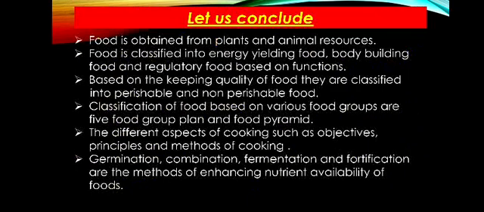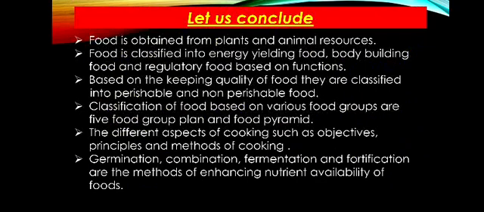Then let us conclude the second chapter. First we studied the sources of food and the definition of food. Then next is the classification of food based on the functions, that is energy yielding, bodybuilding, protective and regulatory foods. Then based on the keeping quality, foods are classified into perishable and non-perishable foods.